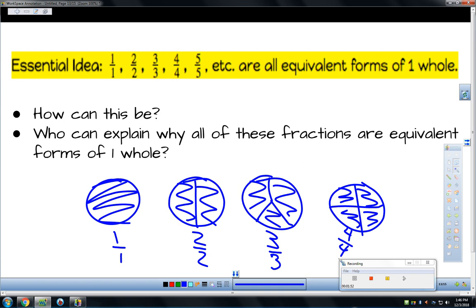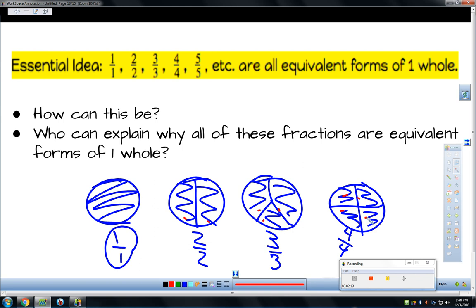And so if you're thinking in your head, you know, Mr. Heckman, it's because I'm eating the entire pizza. Right here, I ate the whole pizza. I just ate 1 out of 1 slices. And here, I ate the whole pizza. I just ate 2 out of 2 slices. I ate 3 out of 3 slices. 4 out of 4 slices. Right?